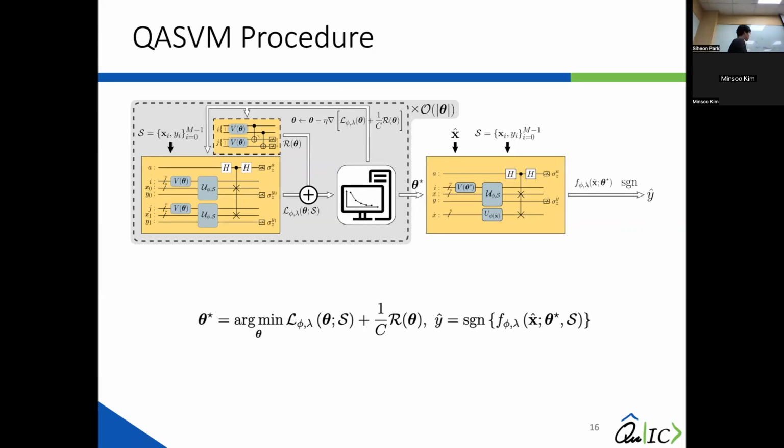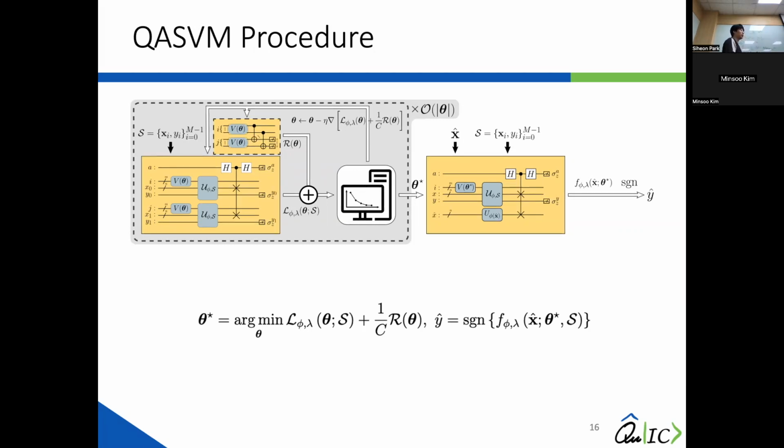This is because of the type of encoding I use for this V ansatz. The number of qubits required for this ansatz is log m, right?